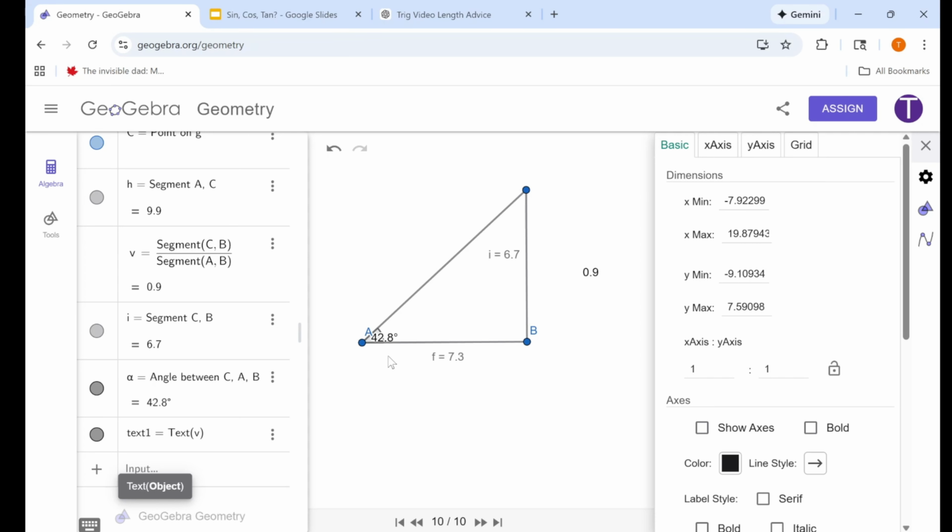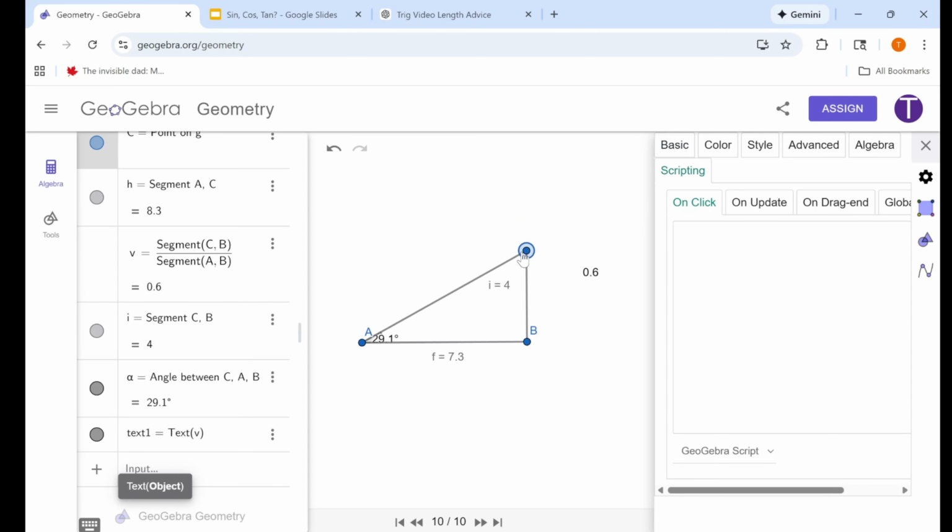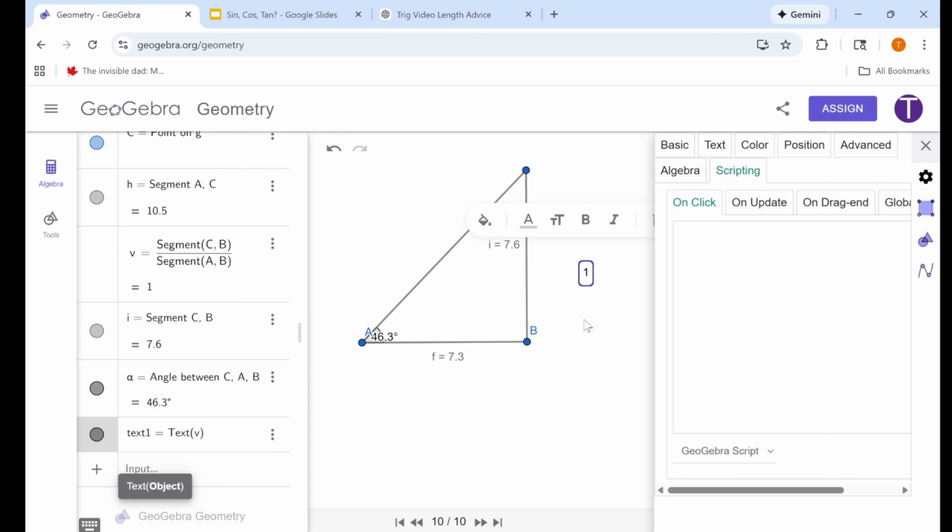So now let's do the same thing. Notice what's happening as I change the angle. What's happening with this number? Interesting. So as I make the angle bigger, the number gets bigger. As I make it smaller, the number gets smaller. So this number is exactly what a trigonometric ratio is.